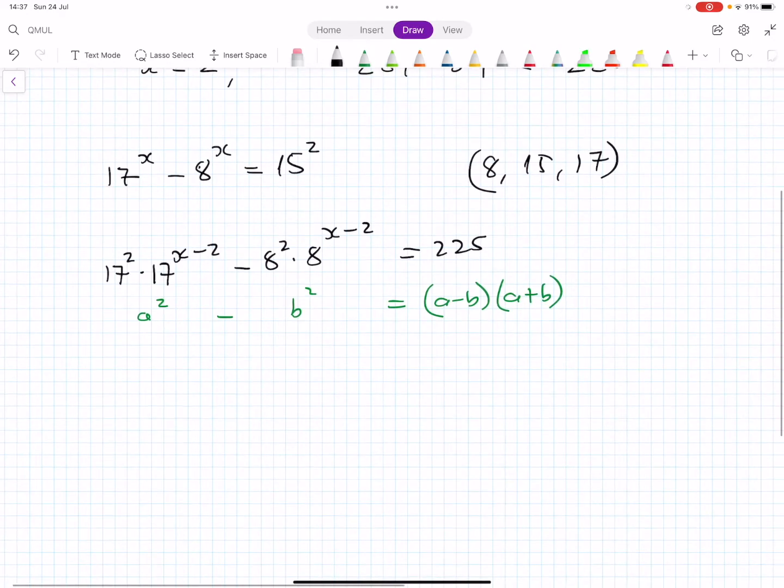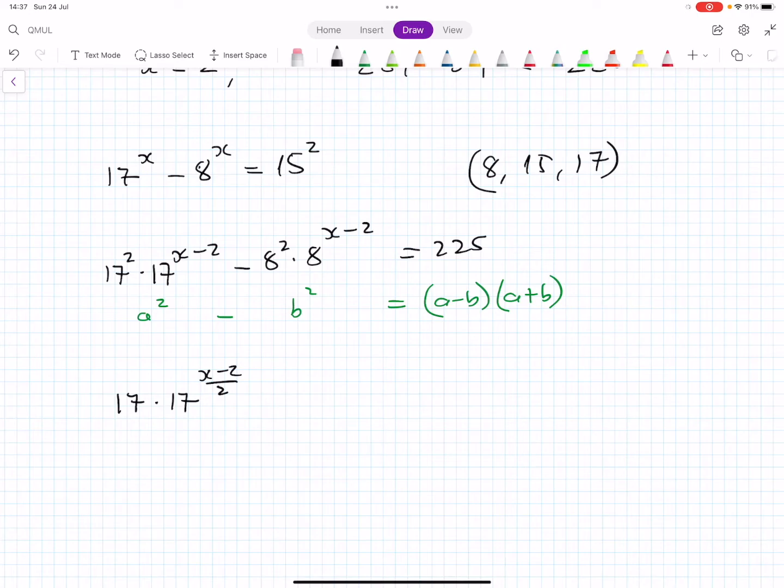So in other words, if this is a squared, then a is equal to 17 times 17 to the power of (x minus 2) over 2, because taking the square root means multiplying the power of 17 to the x minus 2 by a half.